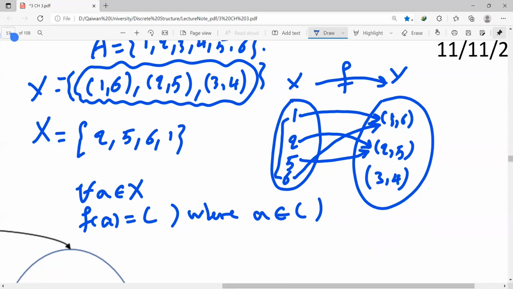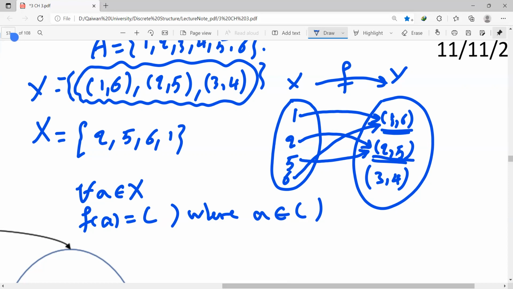That means there are at least 2 elements in X such that the sum of them is 7. As you see here, 1 and 6 have the same image, {1, 6}. 2 and 5 have the same image, {2, 5}. That is, we have at least a pair of elements in X such that their sum is 7.